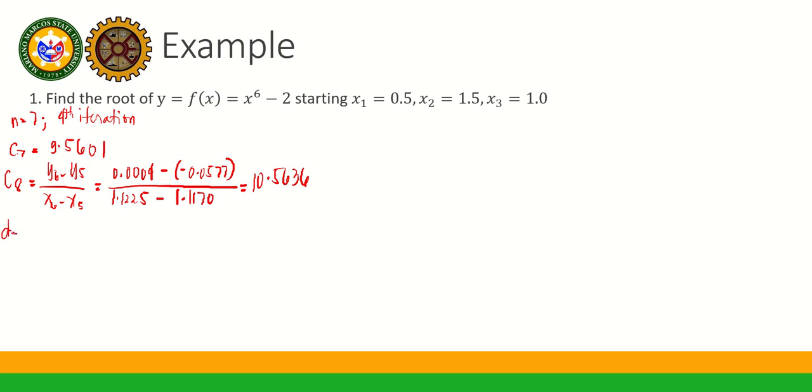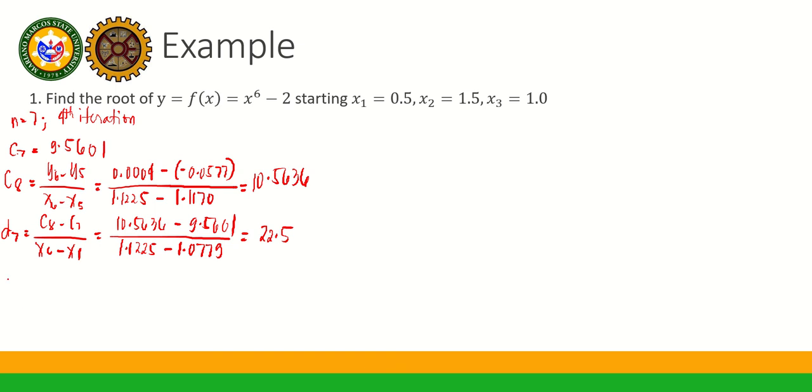Now, computing for our d sub 7, that should be equal to c sub 8 minus c sub 7 all over x sub 6 minus x sub 4. Okay, so this is equal to 10.5636 minus 9.5601 all over 1.1225 minus 1.0779.